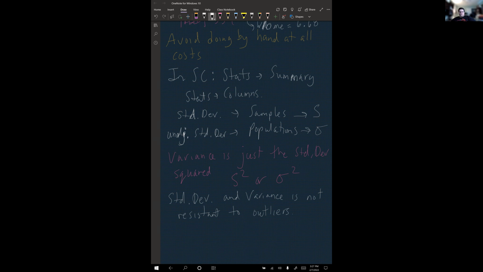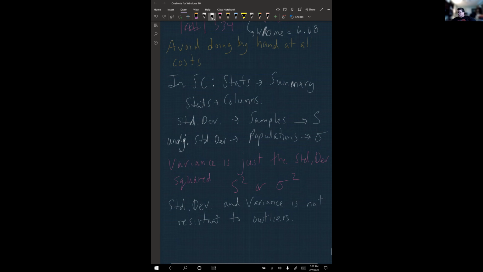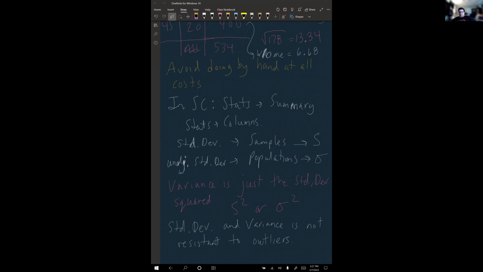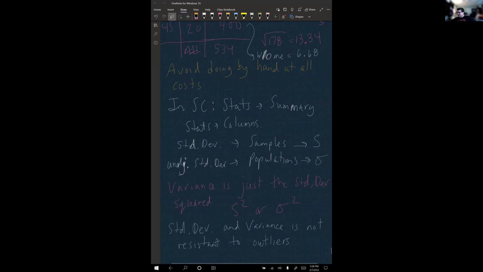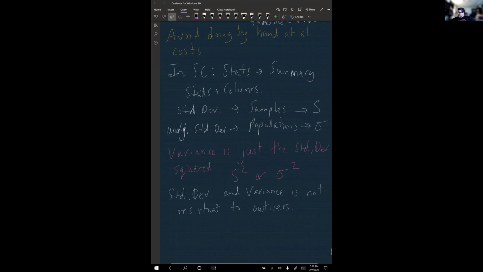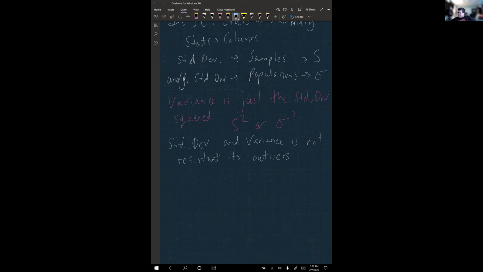And you'll notice that when my age was in there, we had 13.34. And when my age is out, it's 6.68. Outliers make these values go up. Both negative or both low end outliers or high end outliers. So outliers cause these values to rise.